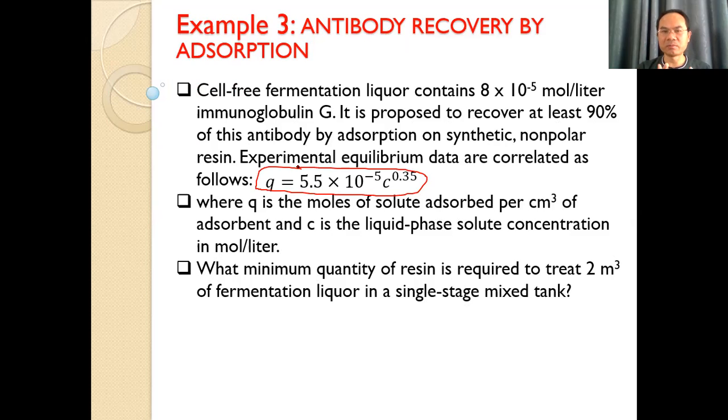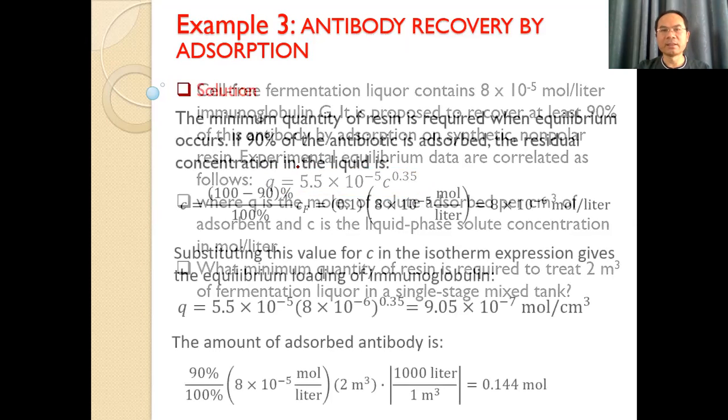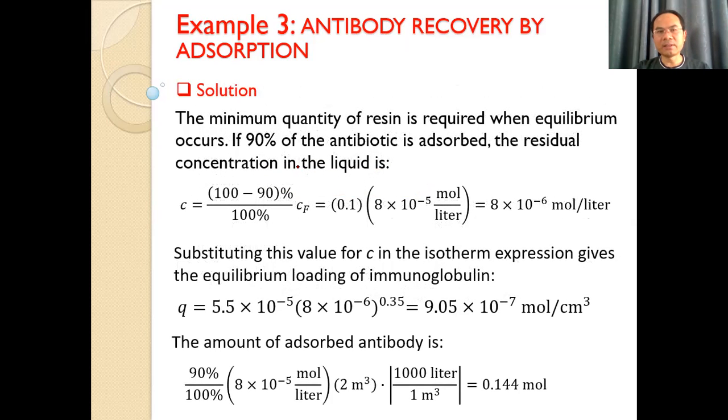The question is, what minimum quantity of resin is required to treat 2 cubic meters of fermentation liquor in a single stage mixed tank? We use only one tank in the mixed adsorption. The minimum quantity of resin is required when equilibrium occurs.